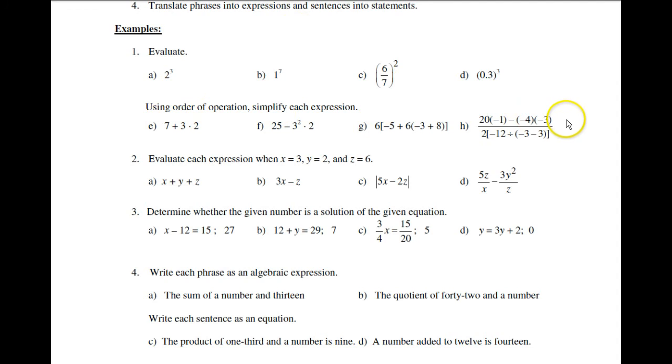Let's go on to our second item here, where we use order of operations to simplify expressions. And here's where I write the initials, please excuse my dear Aunt Sally. This is just an acronym to help you remember order of operations.